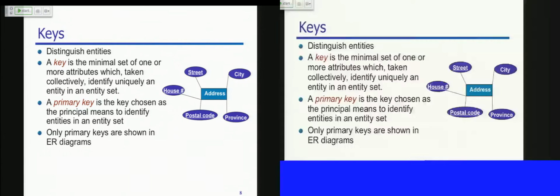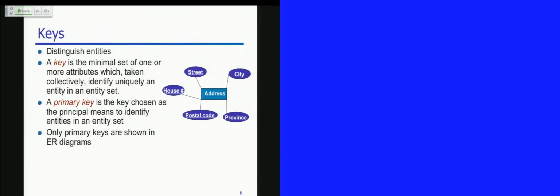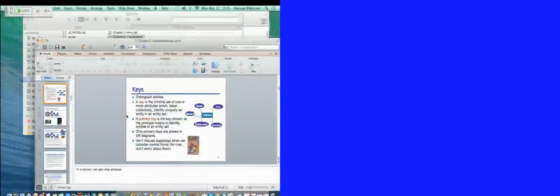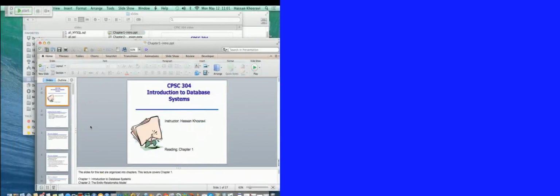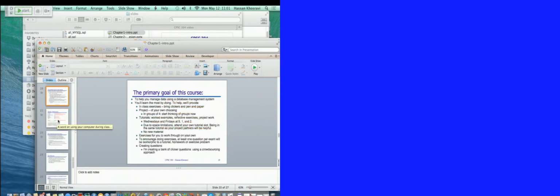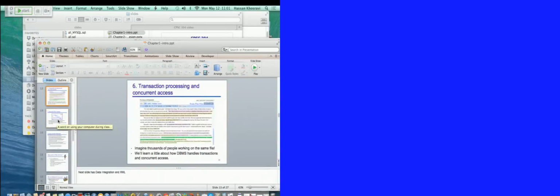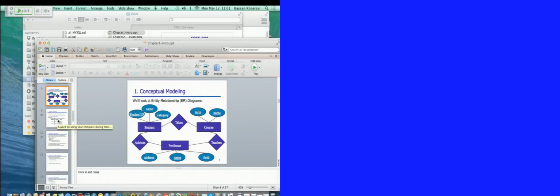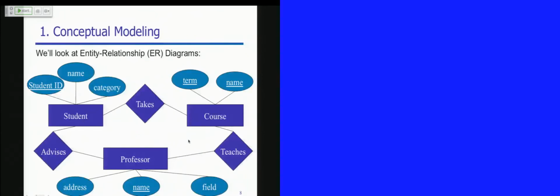Yes? So for the diagram on the first slide, the key for the professors is name, but then there might be duplicate names. Let's see. So, the question here is, is it really a good idea to have the name of a professor as their key?